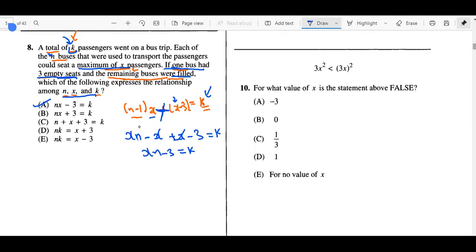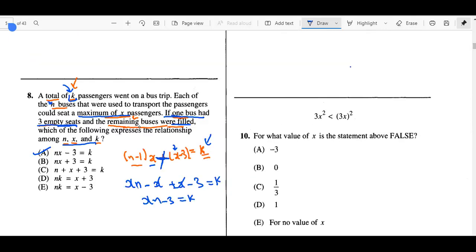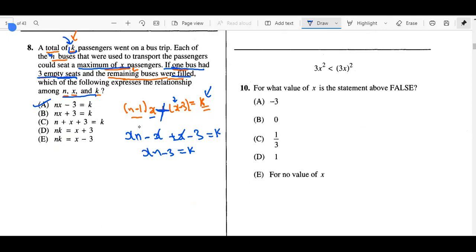Let's do the 10th question then. For what value of x is the statement above false?